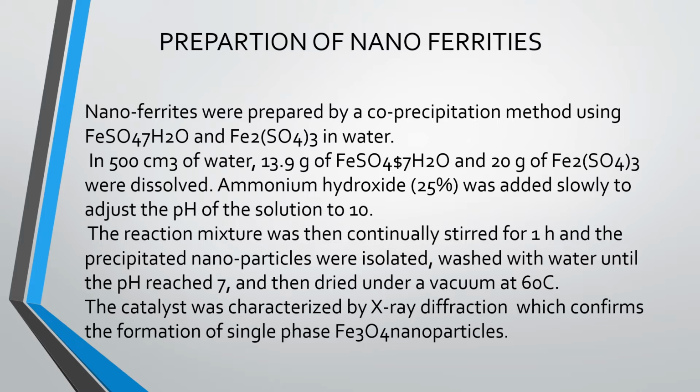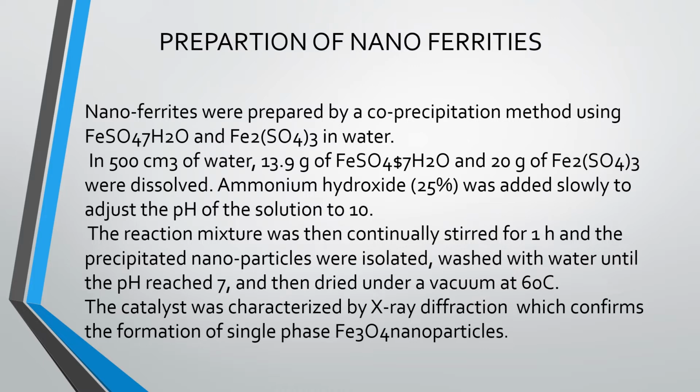Nanoferrites were prepared by the co-precipitation method using FeSO4.7H2O and Fe2(SO4)3 taken in a 1 to 2 ratio in water. In 500 cm³ of water, 13.9 grams of ferrous sulfate heptahydrate and 20 grams of ferric sulfate were dissolved.